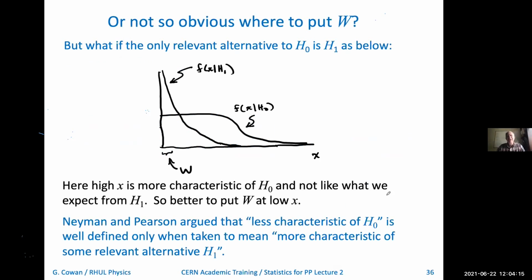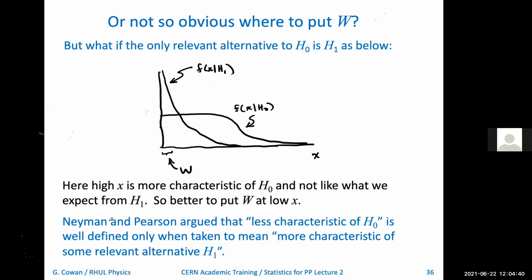Good. So you've got it right, because others, and I believe it was Neyman and Pearson, said, look, what if the only relevant alternative to H0 was this H1 that I've drawn there? So then actually you would say that high X is more characteristic of H0. Yes, and it's in fact low X, which is more characteristic of the relevant alternative. All right.